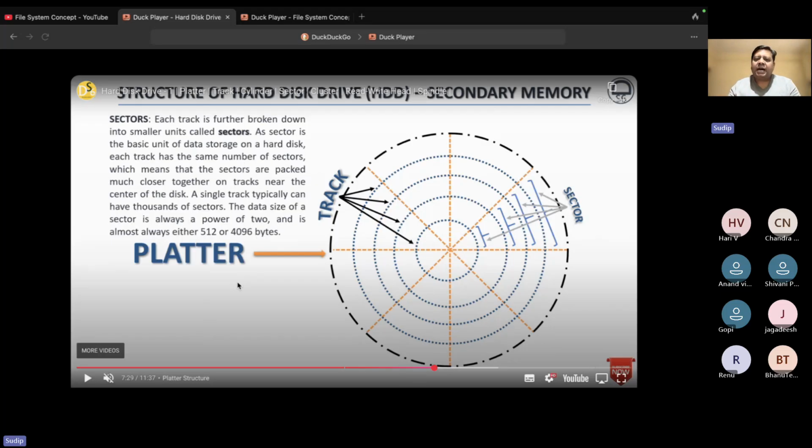And the higher the sector size, the greater is the density of that particular hard disk drive, which means more amount of data can be stored on that particular hard drive. Typically, we see hard disk drives of 512 bytes. 512 bytes is the typical sector size of a hard disk platter.